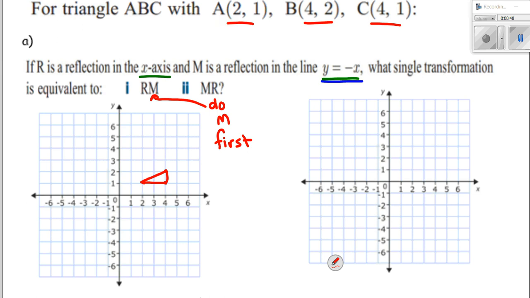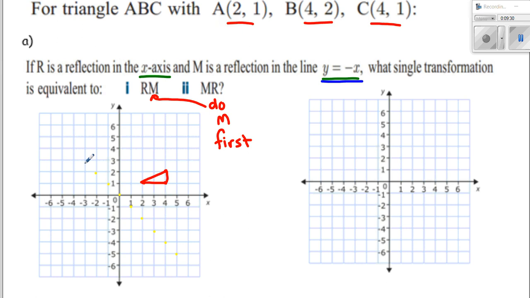What was M? M is a reflection in the line y equals -x. So unfortunately, on top of that, you've got to draw the line y equals -x first. We might want to use a ruler, or a faint line. The line y equals -x cuts through the y-intercept of 0, and goes through -2, 2, then -3, 3, -4, 4, and so on.